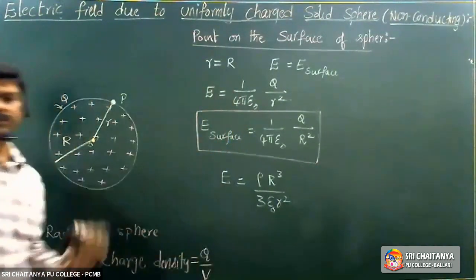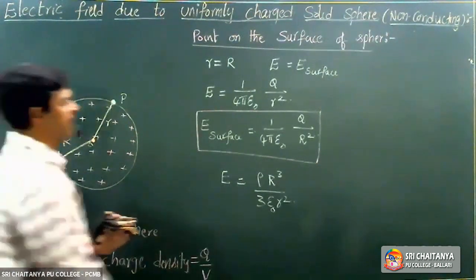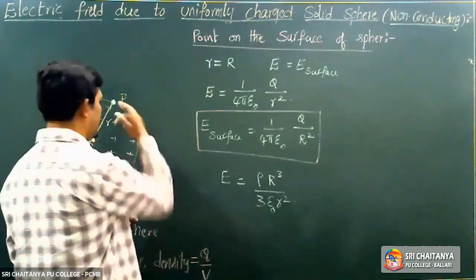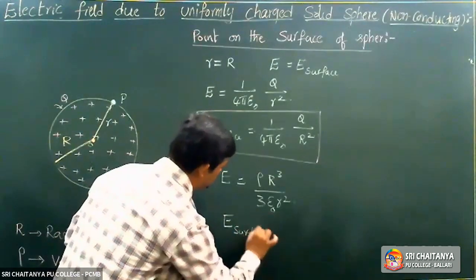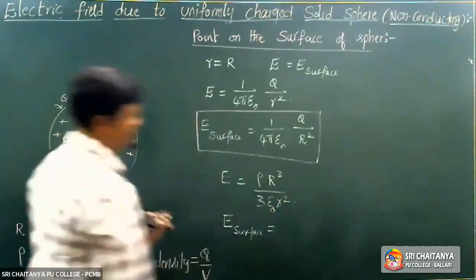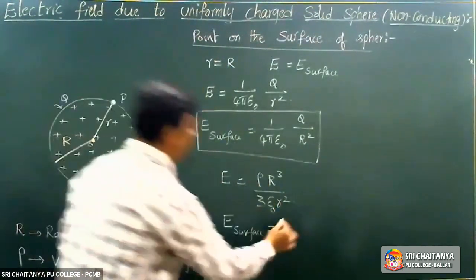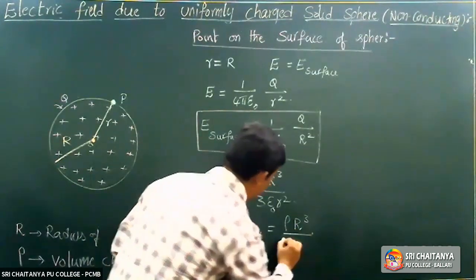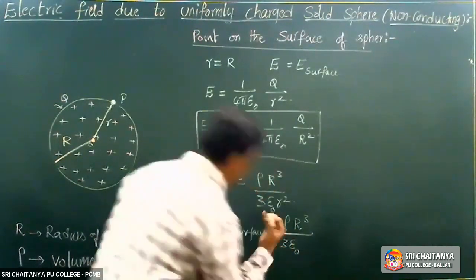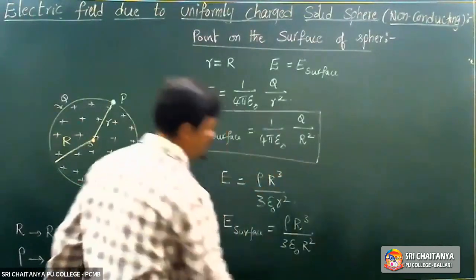Just as we derived it. So what is the condition when the point is on the surface? Then E on the surface, the condition is small r equals capital R: rho R cube by 3 epsilon naught R square.